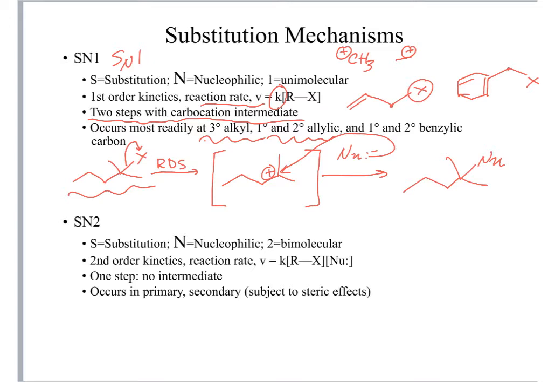SN2 substitution, on the other hand, follows bimolecular second-order kinetics, so substitution, nucleophilic, bimolecular, and it proceeds via one step. There's no carbocation or any other intermediate that forms, but the initial transition state dissociates to give the product.